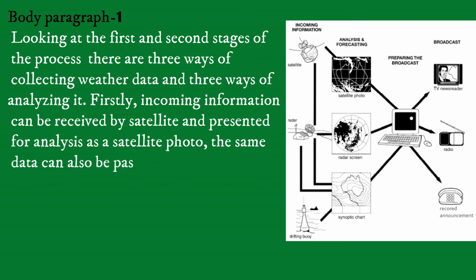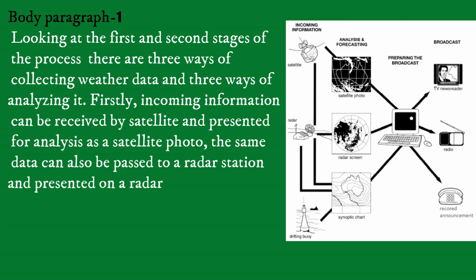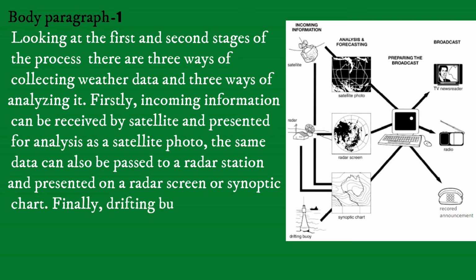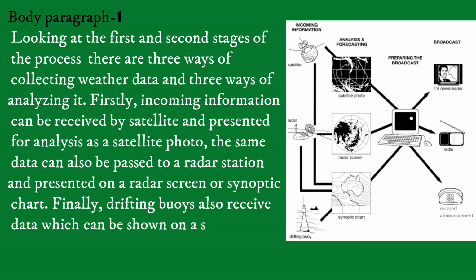The same data can also be passed to a radar station and presented on a radar screen or synoptic chart. Finally, drifting buoys also receive data which can be shown on a synoptic chart. So, as you can see, we have clearly described the first 2 stages of the process.